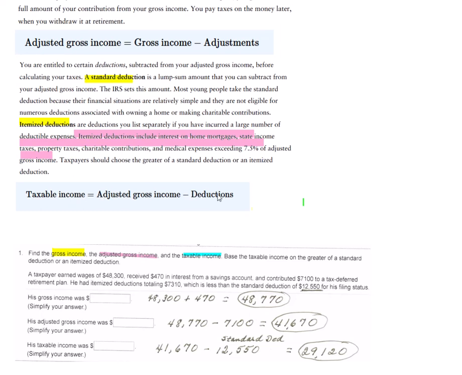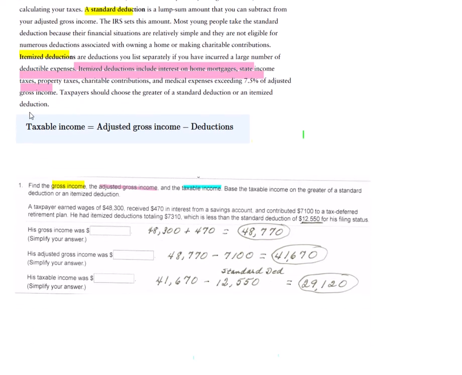Here is a little formula. Taxable income, this is the amount you will be taxed on, is calculated by taking your adjusted gross income, that's the one that you've taken your adjustments off of, and subtracting either the standard deduction or the sum of your itemized deductions.